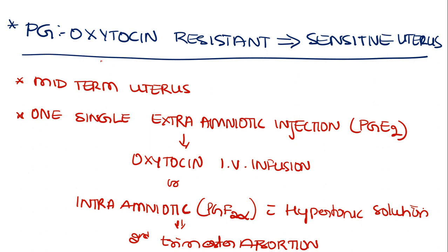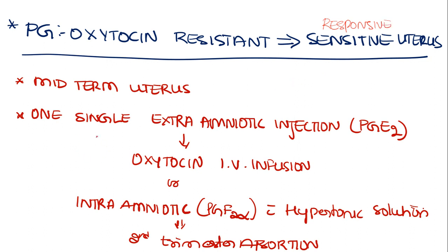And coming to the next one, the prostaglandins will convert the oxytocin resistant midterm uterus into an oxytocin sensitive or oxytocin responsive uterus.